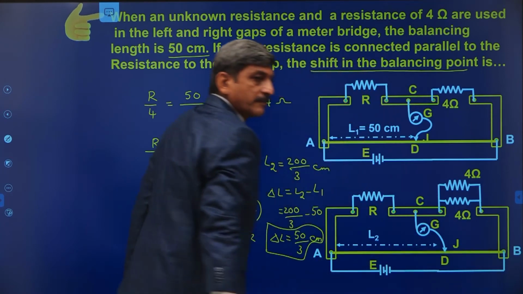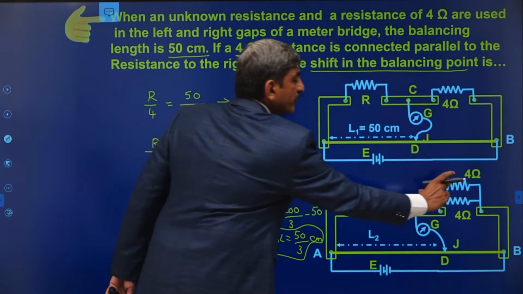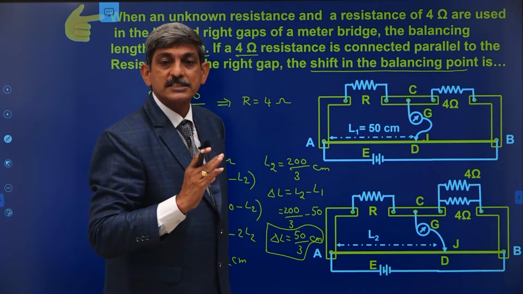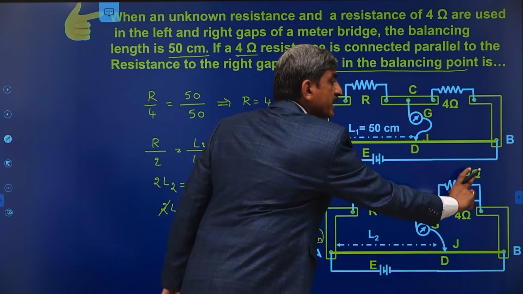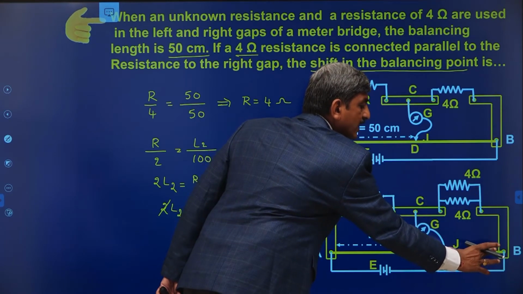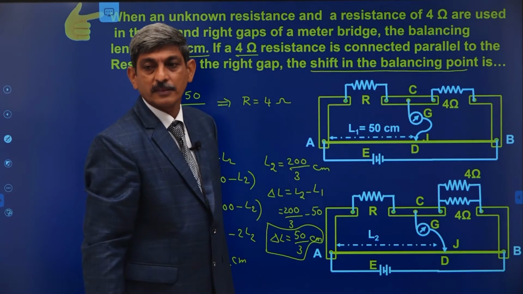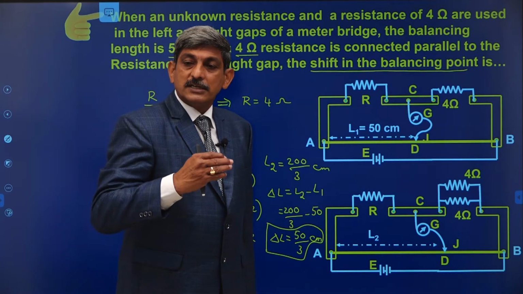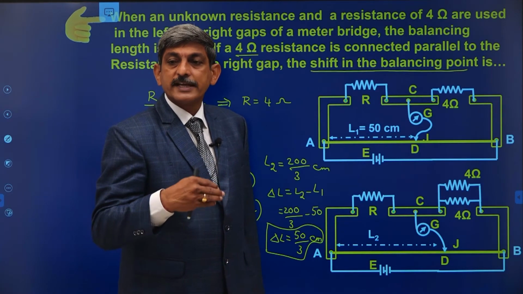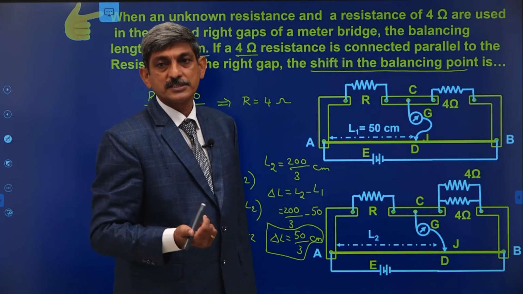the balancing length shifts towards the right side. Here if we connect a resistance in series, then the effective resistance in the right gap increases. If the effective resistance in the right gap increases, the length of this portion increases, it means the balancing length shifts towards the left side. So if the effective resistance value of the particular gap changes, the corresponding balancing length also changes.